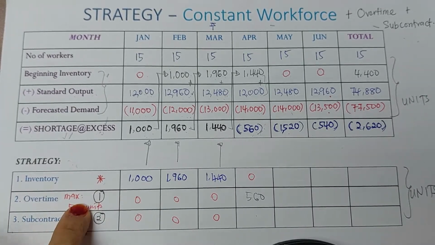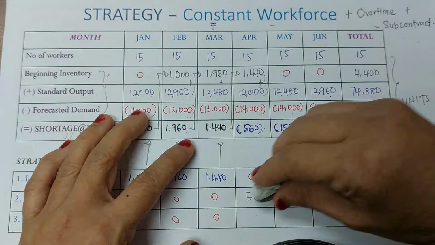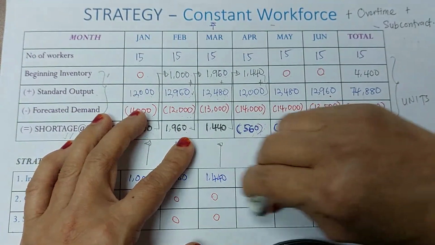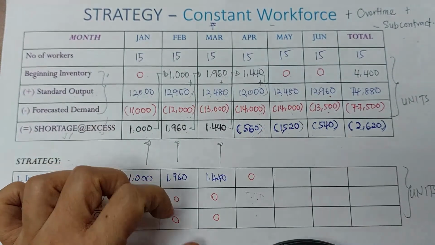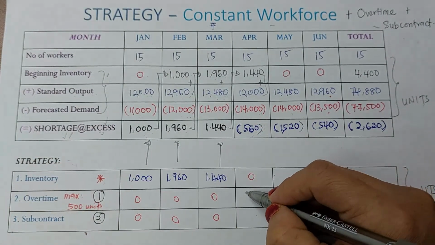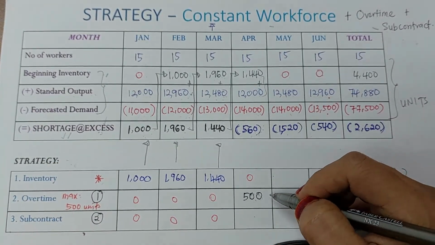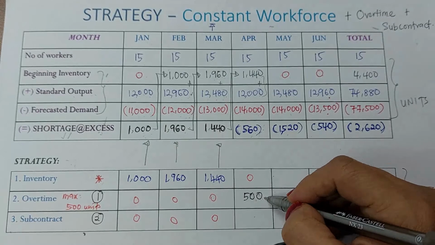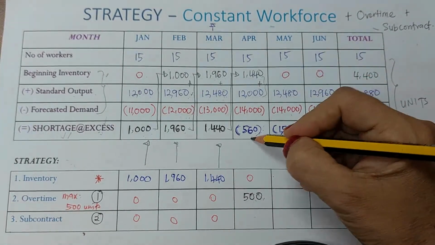So please take note on this. Because of that, we cannot simply lump everything together, 560 units, by using overtime. So what we have over here is we can only use overtime to produce 500 units only. So kita guna overtime and keluarkan 500 units. But the shortage here is 560.